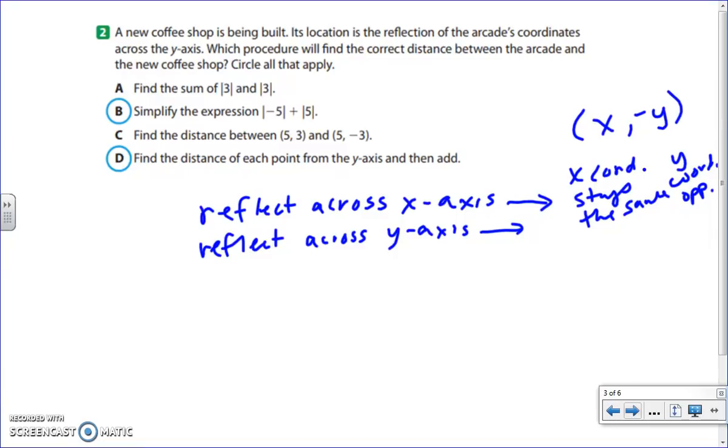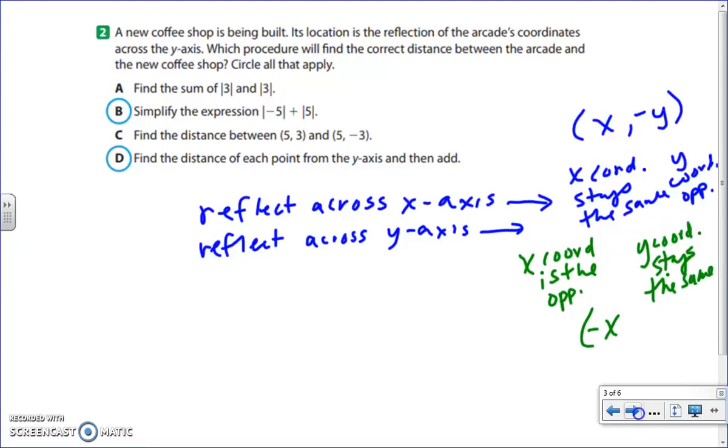We would have x-coordinate is the opposite, and the y-coordinate stays the same. Alright, and I could represent that as the opposite of the x-coordinate, and then the y-coordinate stays the same. And so that's important to keep in mind, because whatever we're reflecting across, that is the actual coordinate that stays the same. The other coordinate is the opposite.